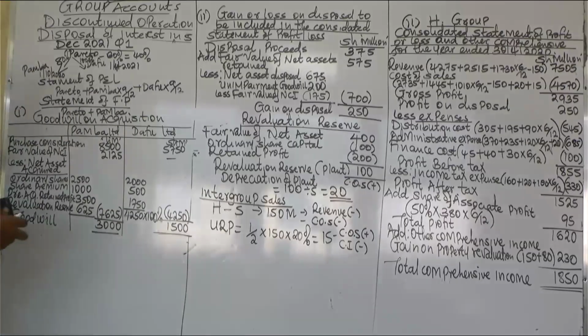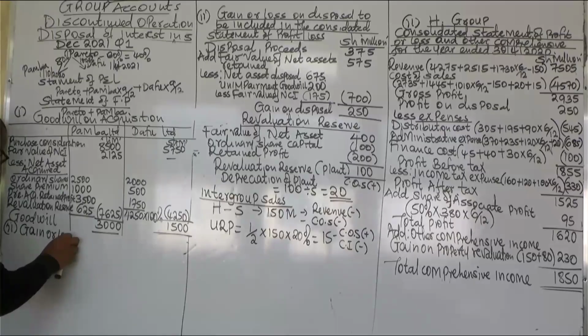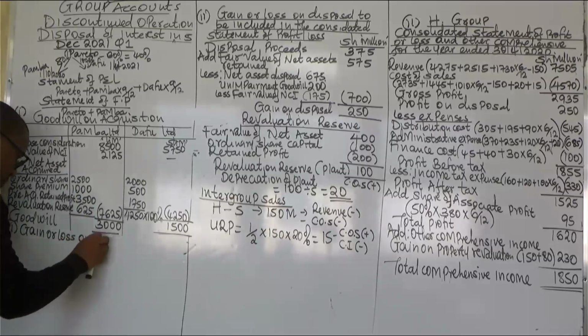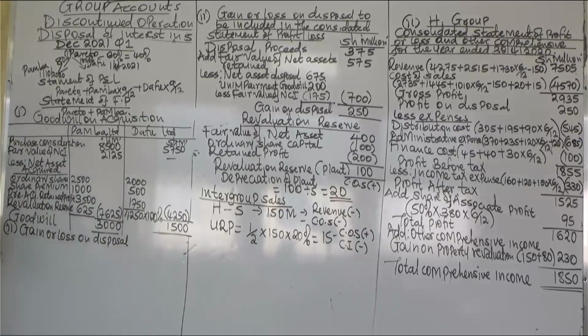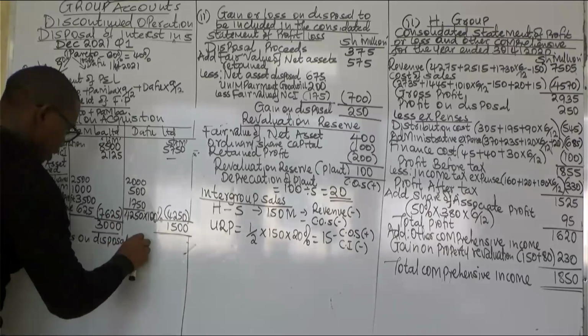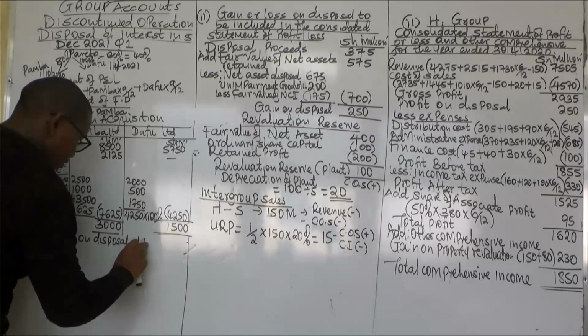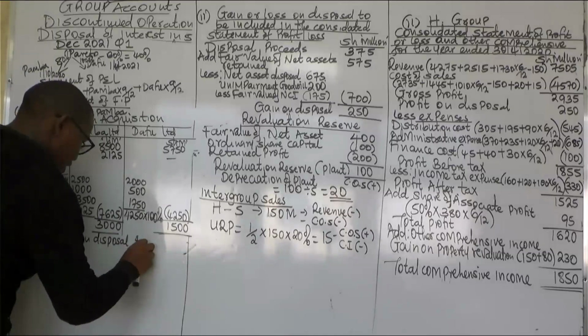Go to Roman number 2. We want the gain or profit or loss on disposal of investment. Gain or loss on disposal. This is now to be included on the Pareto Limited. That is the individual to be included.